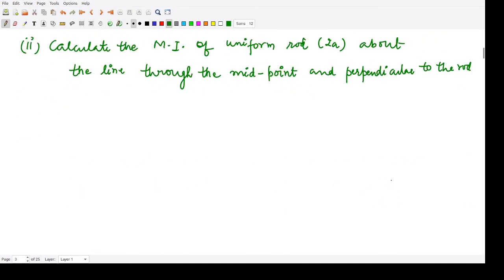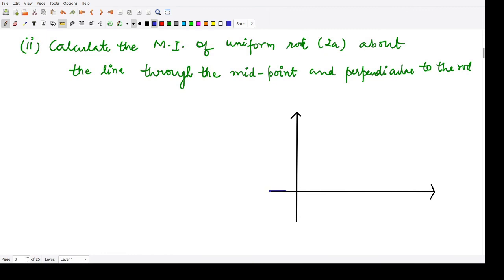So how would this look? Let me draw it. We have this coordinate axis with us, and we have this as the rod. Not this one, because we are saying the perpendicular, the length of the rod that is passing through this perpendicular distance.